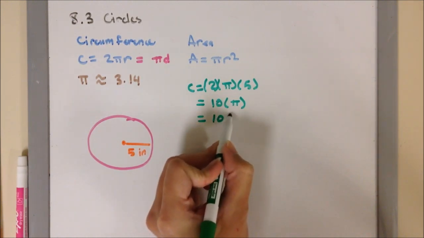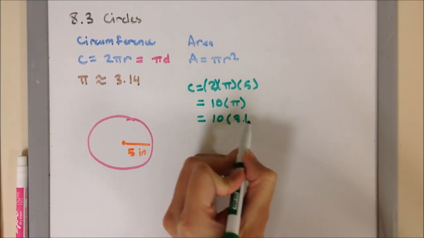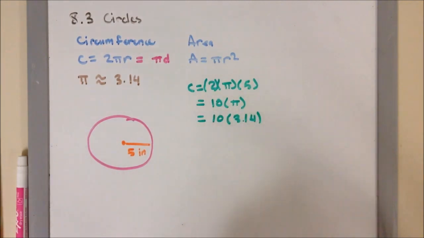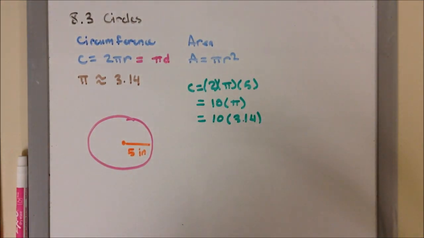So 10 times 3.14. Now, when we're multiplying with decimals, I'm going to write out the work here. Make sure you follow the process to the closest detail because we're going to be working with decimals this semester.